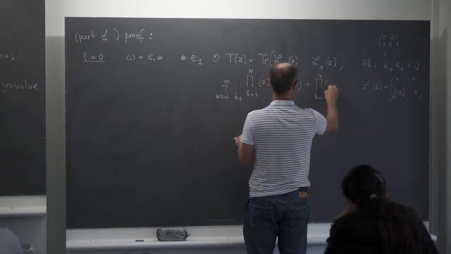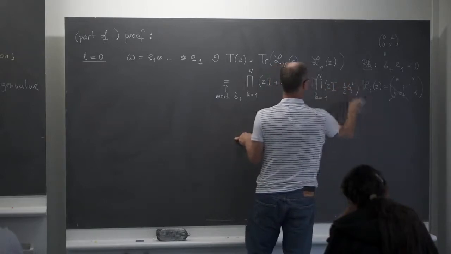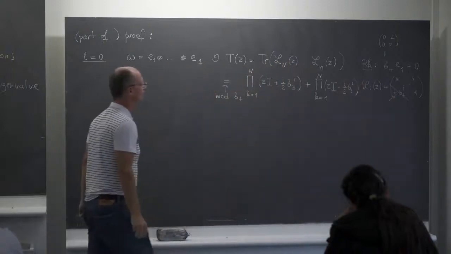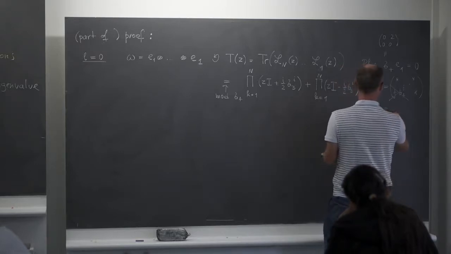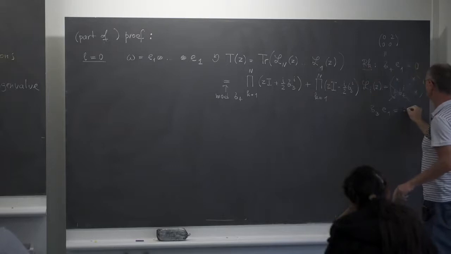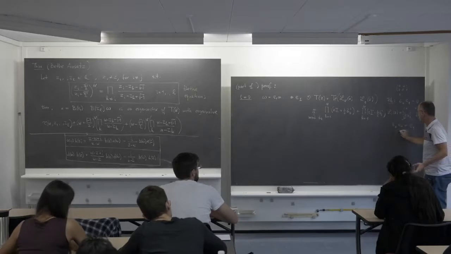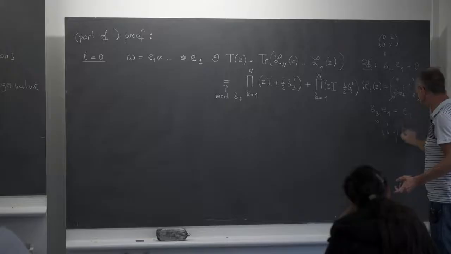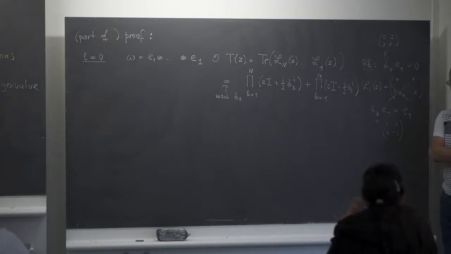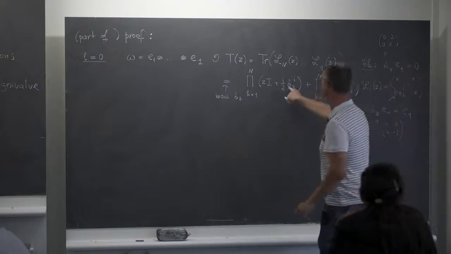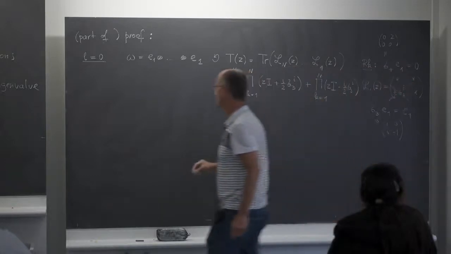Now, sigma 3 has E1 as an eigenvector of eigenvalue 1, because this guy is simply diag(1, 0, 0, minus 1). So this means that those sigma 3s I can actually replace by 1.